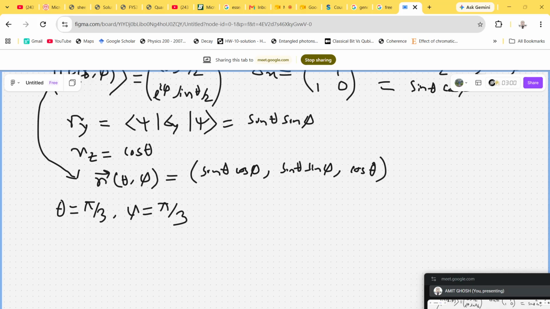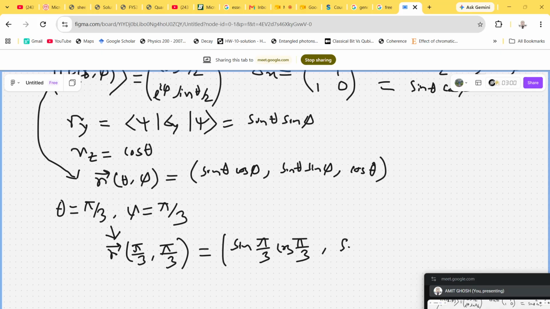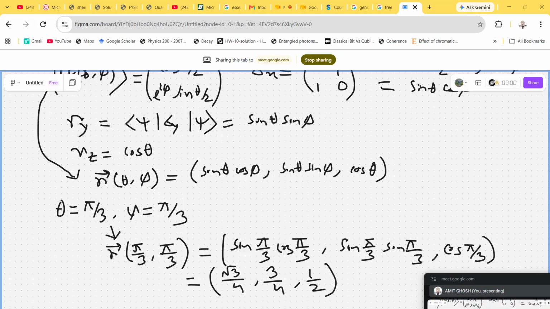So for this state your Bloch vector will be given as sin(pi/3) cos(pi/3), sin(pi/3) sin(pi/3), and cos(pi/3). So the first term is root 3 by 4, then 3 by 4, and 1/2, right?